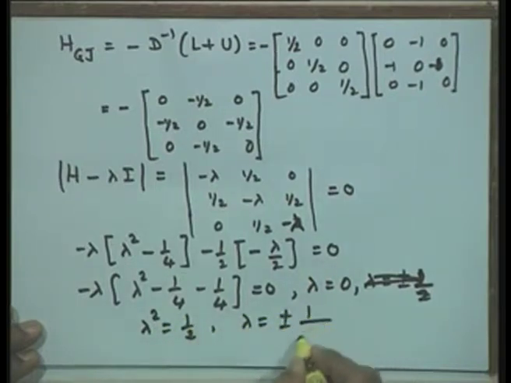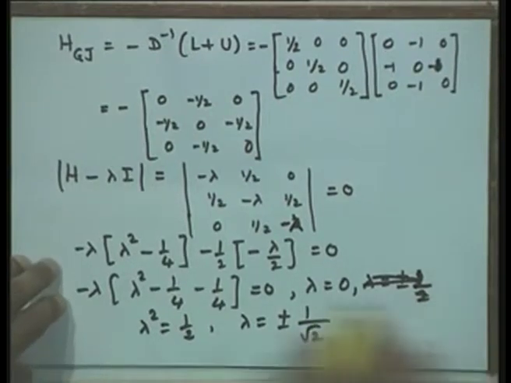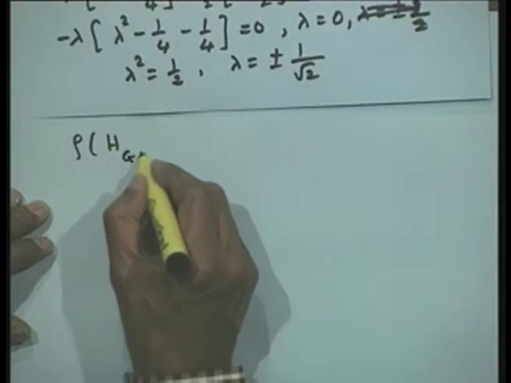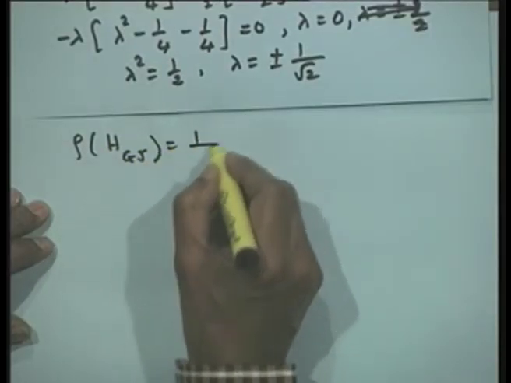Let us write down all the 3 roots: 0 and lambda equal to plus or minus 1 upon root 2. Therefore I can write down the spectral radius of this Gauss-Jacobi as 1 upon root 2.